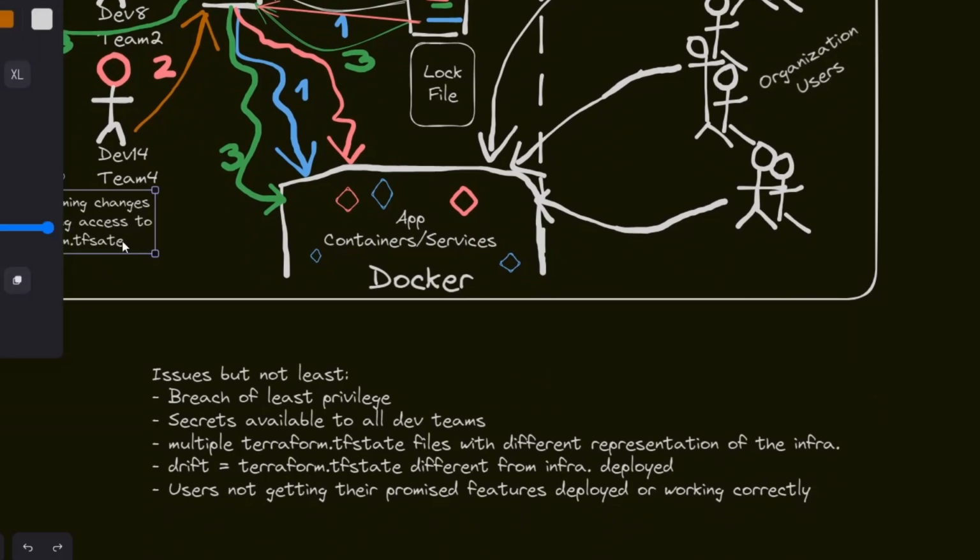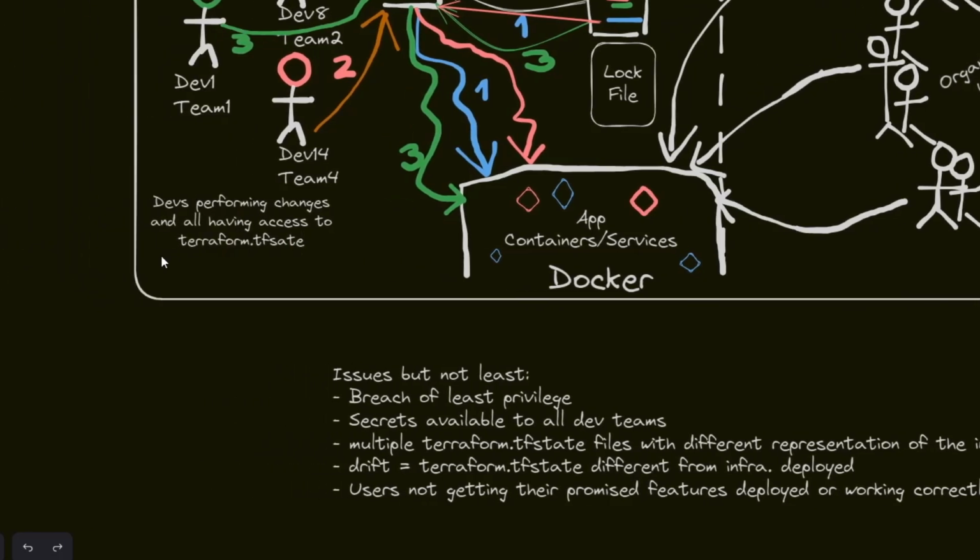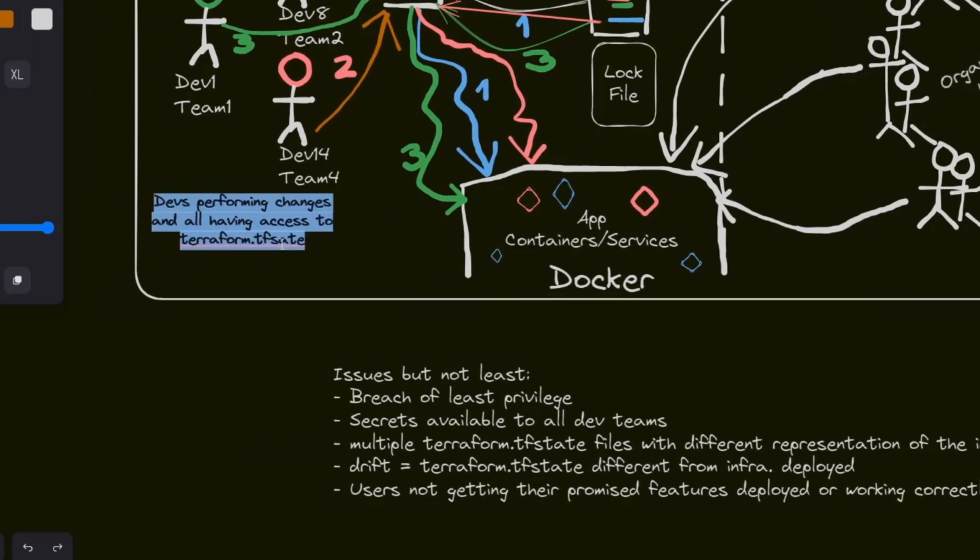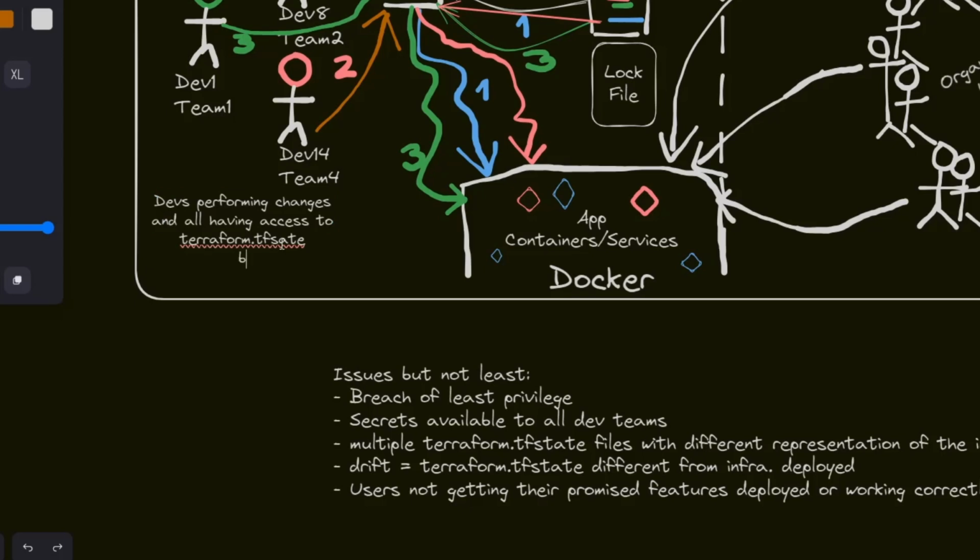Or it has changed, they're not aware of the change. So this can be an issue. Devs performing changes and all having access to terraform.tfstate, but each having their own terraform.tfstate. Yeah, so they have a different file, which is a problem.